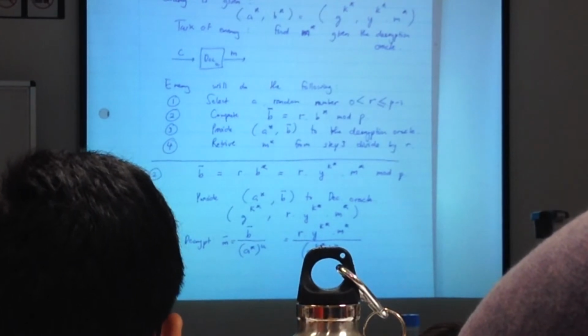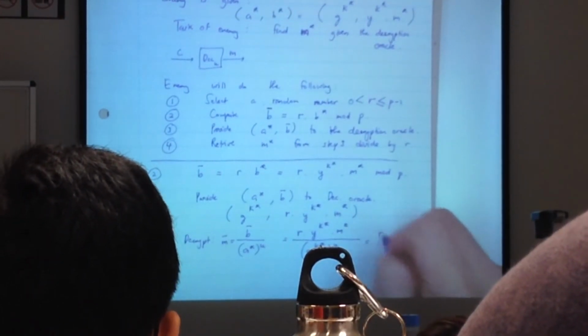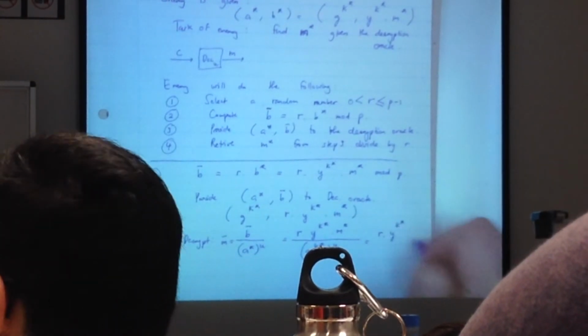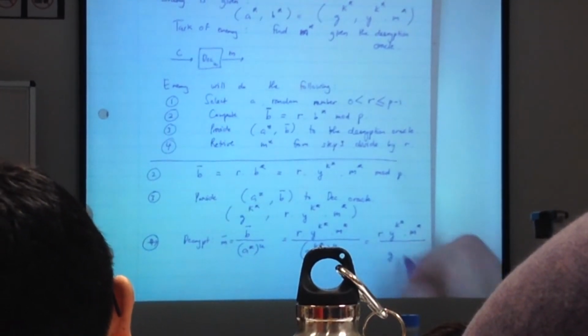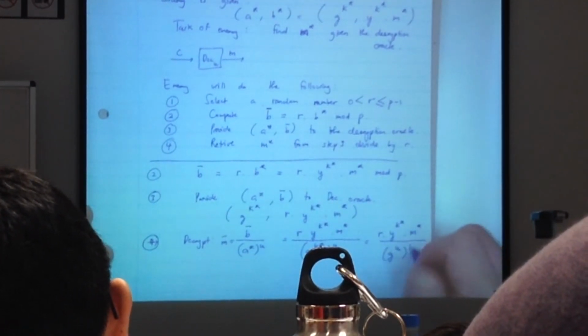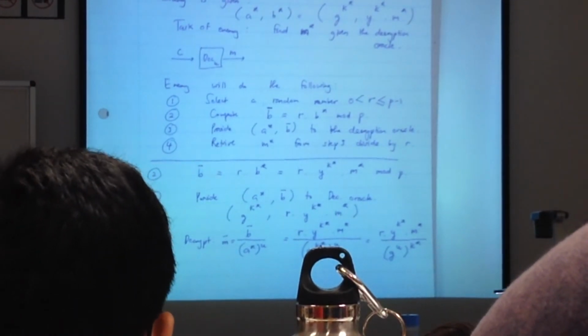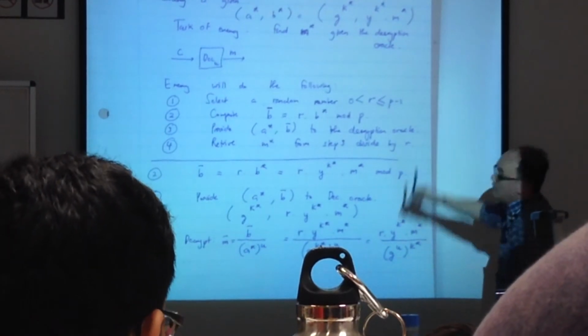Now I rearrange this. This is R, Y^K star, M star, divided by G to the U to the power of K star. What is G to the U? G to the U is from the public key.